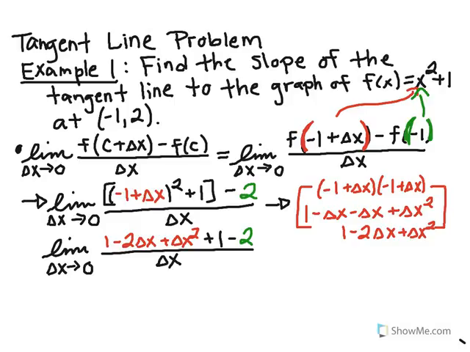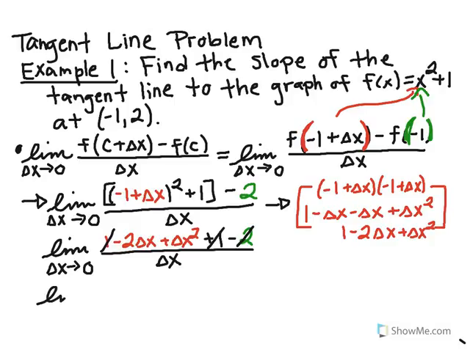All right, so we can cancel a few things out here. For instance, this 1 plus this 1 gives me 2, and then I subtract 2. So all of these constants actually cancel each other out, which is really nice. And another thing that happens is I see that there's a delta x inside all 3 of the terms that are left over, which means I can take them out.